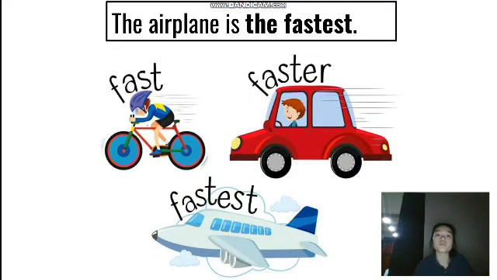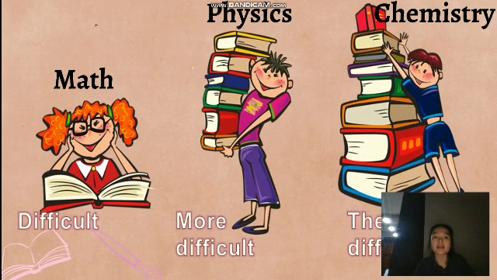For example, the bike is fast. The car is faster than the bike. The airplane is the fastest. Math is difficult. Physics is more difficult than math. But chemistry is the most difficult.